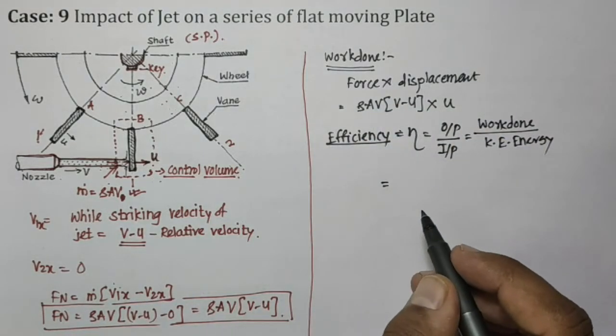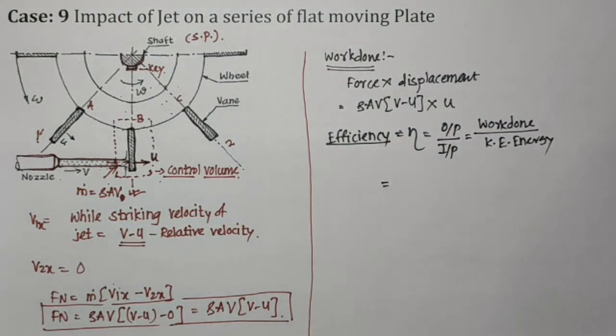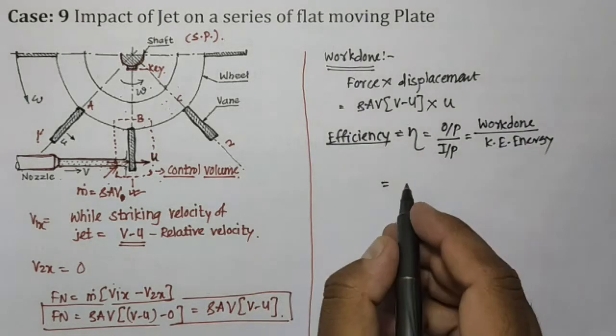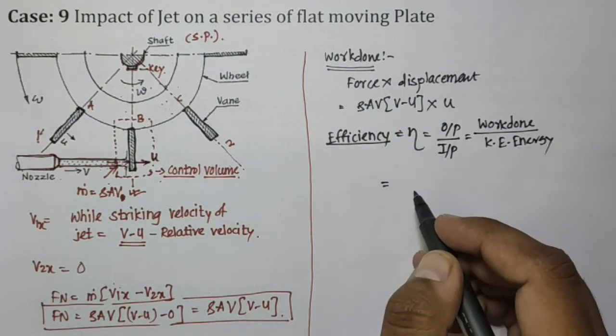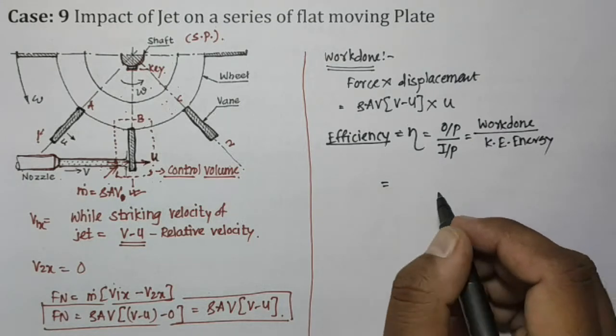Now an important thing is the maximization of work done, where we get the maximum work done. First of all, we will write down the efficiency formula, then we will find the maximum work done, and then the maximum efficiency.